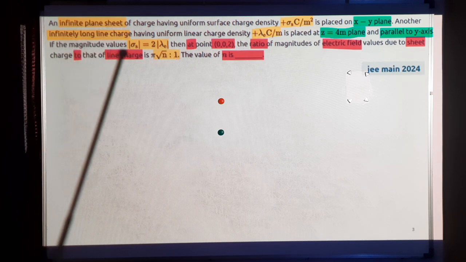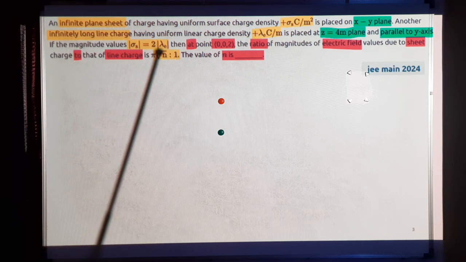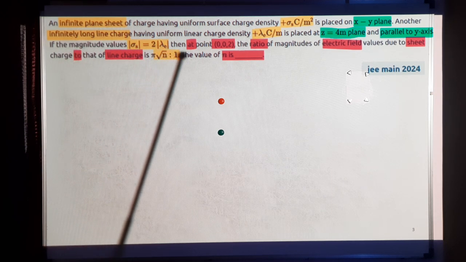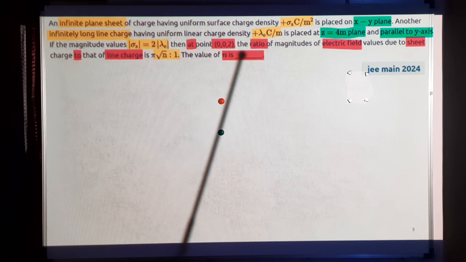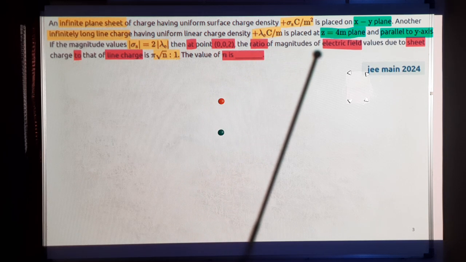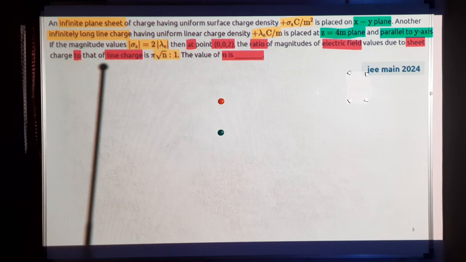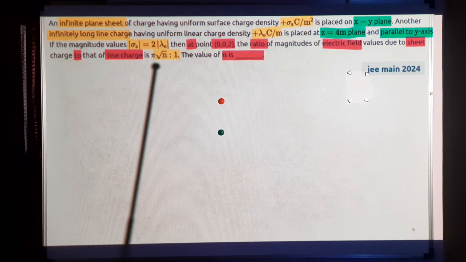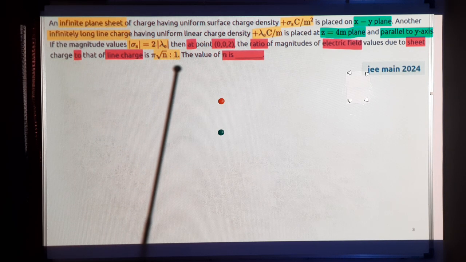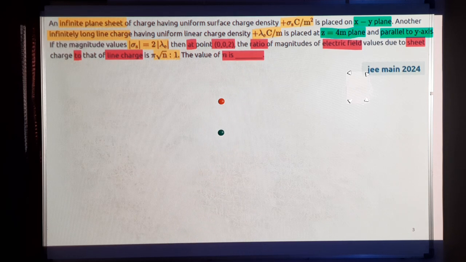If the magnitude of sigma is equal to twice lambda_e, then at point (0, 0, 2), the ratio of magnitudes of electric field values due to sheet charge to that of line charge is pi root n is to 1. The value of n is dash. You can pause and try this question.